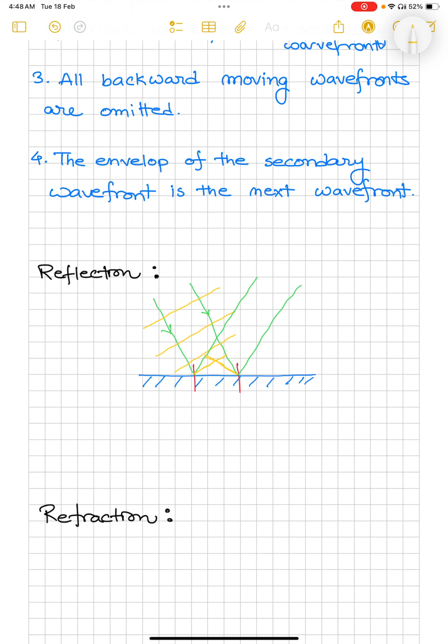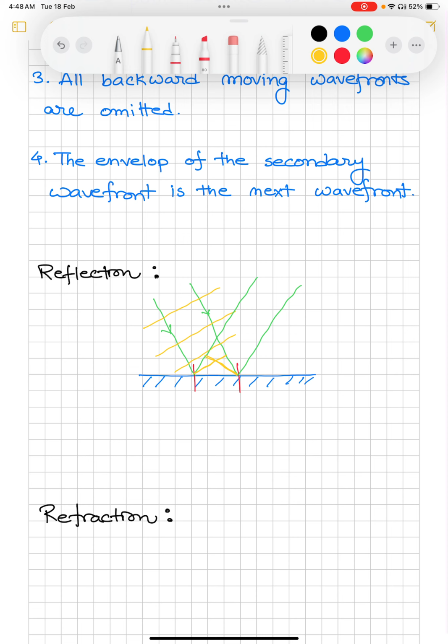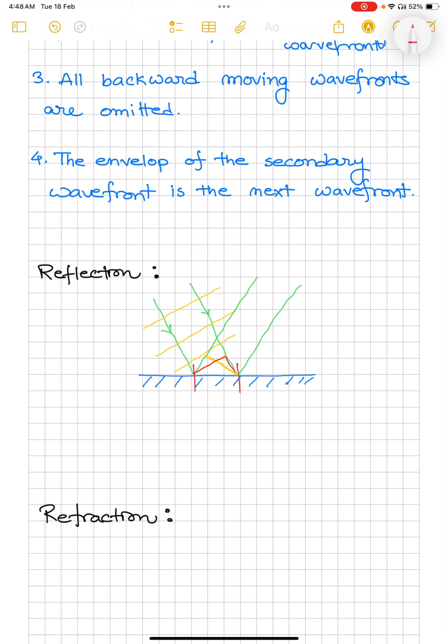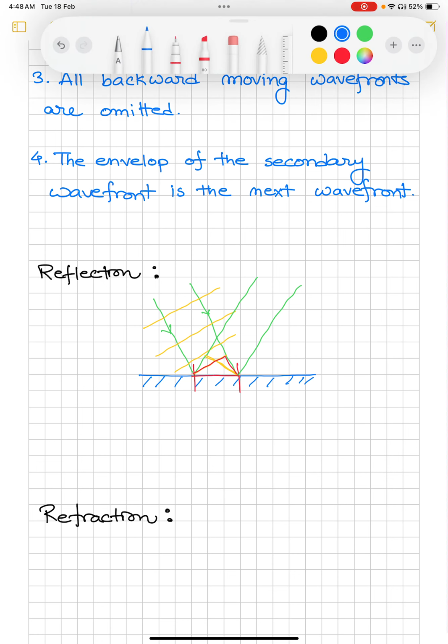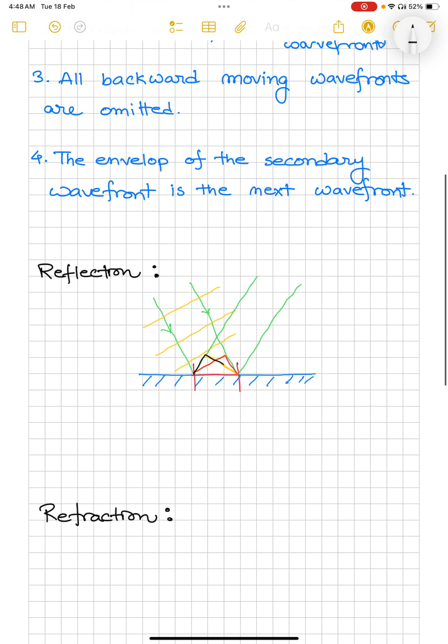So I actually need to take these two triangles, this triangle and this triangle, to prove that the angle of incidence is equal to the angle of reflection.